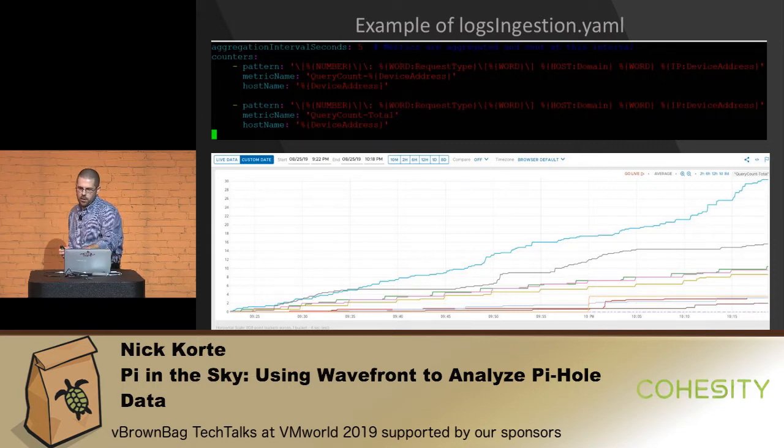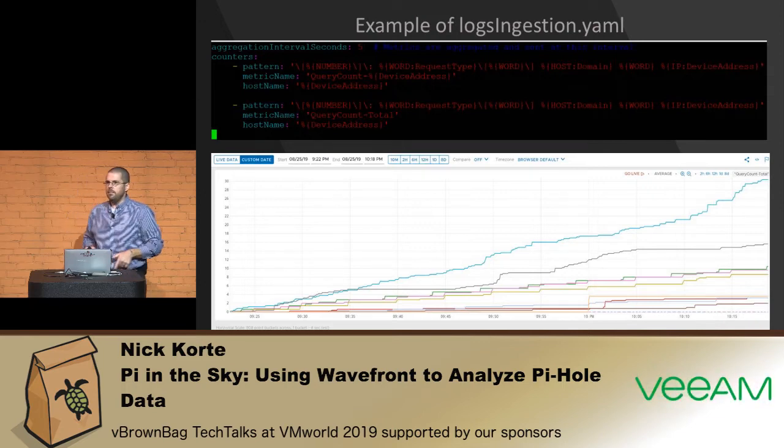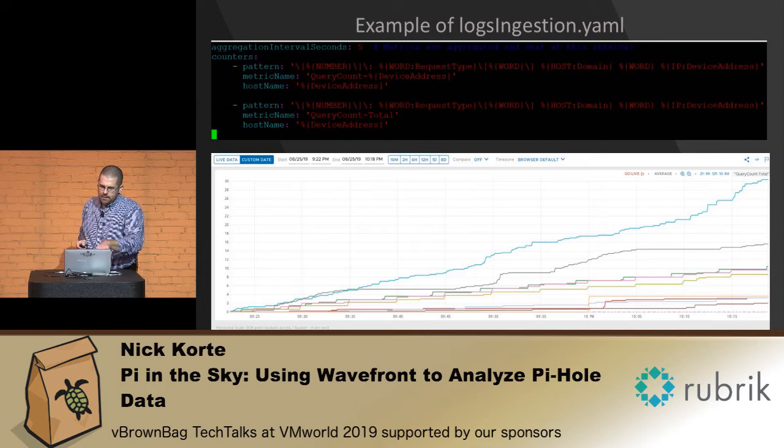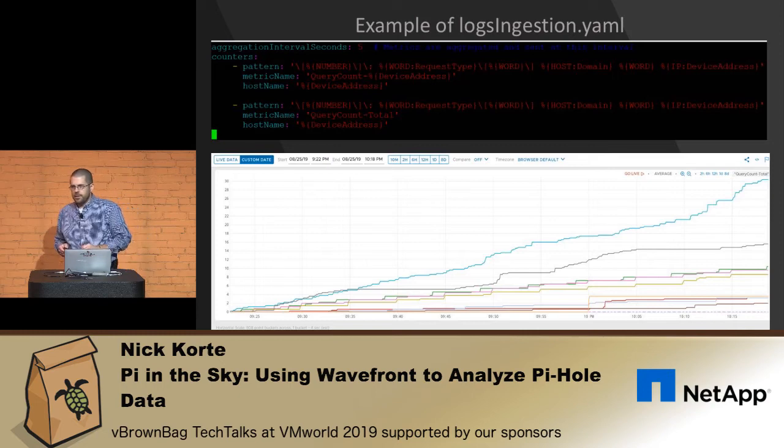So every one of these lines in this period, starting from 0, is a different host on my network that's making queries. I'm gonna guess that my work computer is probably the one on top, because sometimes I like to work in the evenings. That first particular pattern that you got up there, notice that inside the metric name, I used the device address. So that makes a metric for every single device address on the network.